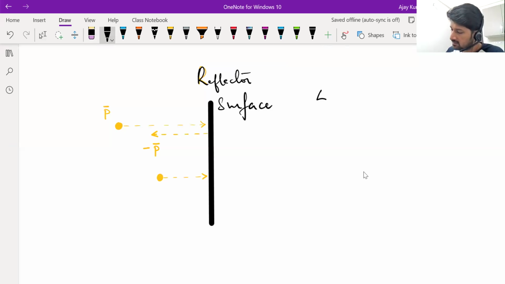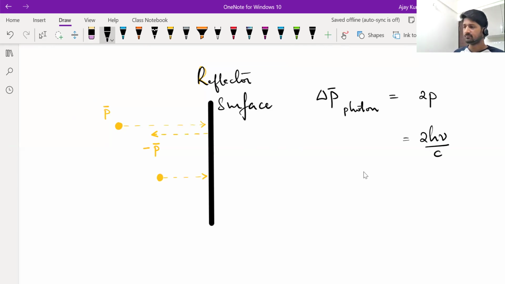That means the change in momentum of the photon whenever it strikes the surface is 2p. That is 2 h nu by c. If the momentum is simply lost, the change is h nu by c.